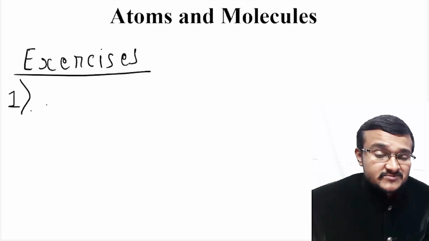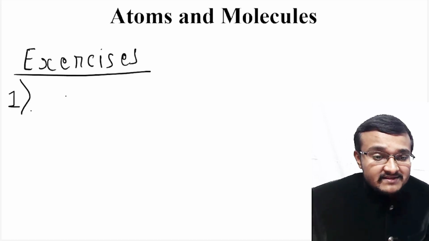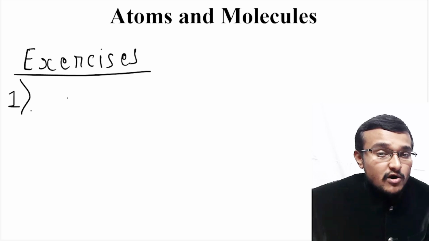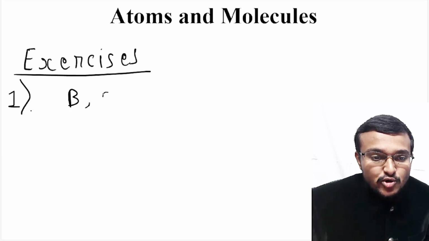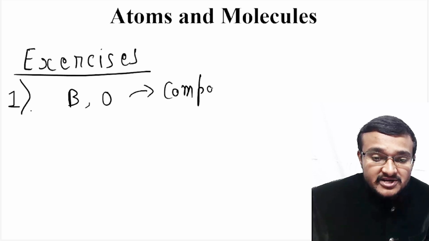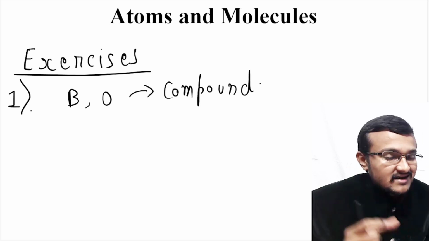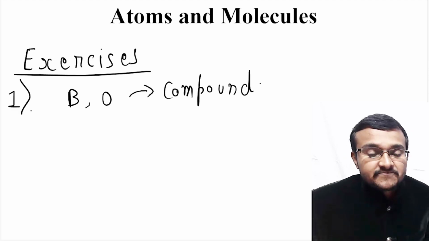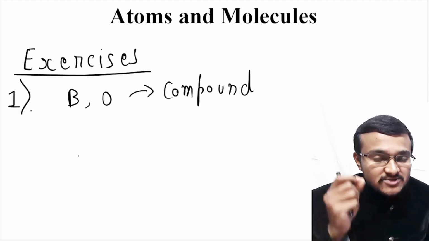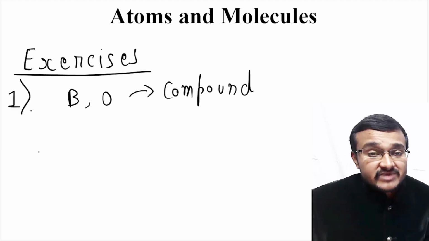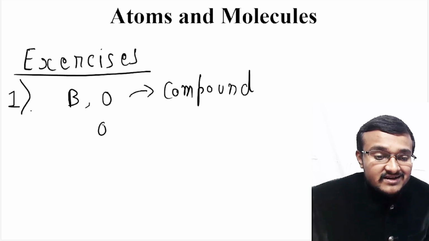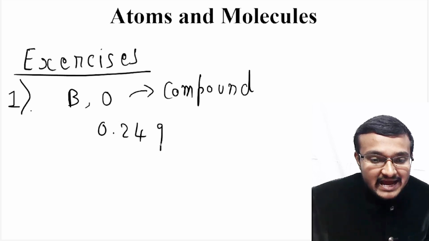Coming to the first question in this particular exercise, here they are telling there is a compound of boron and oxygen. So boron and oxygen are forming a particular compound, and in this particular compound there is certain amount of boron present and there is certain amount of oxygen present. So the total mass of this particular compound which is made of boron and oxygen is 0.24 grams.